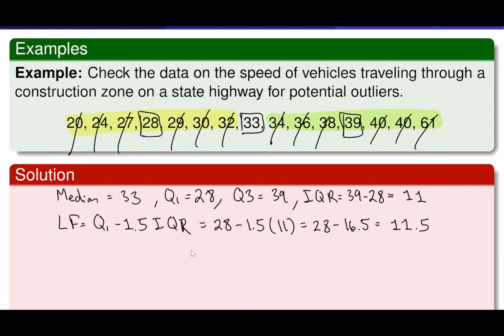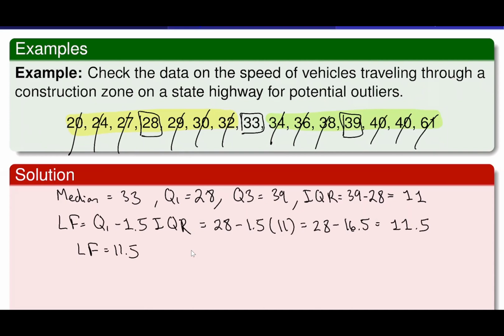That's telling me that in order for somebody to be considered an outlier in speed, they have to be going below 11.5 miles per hour, so they're going like 10 miles per hour. So LF is equal to Q1 minus 1.5 times the IQR. That's my lower fence.